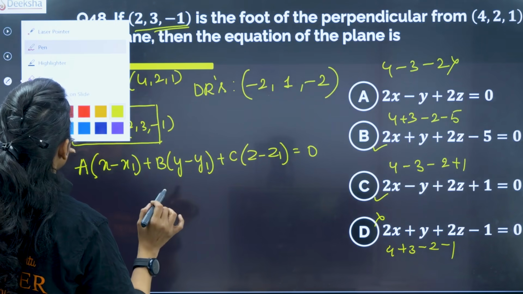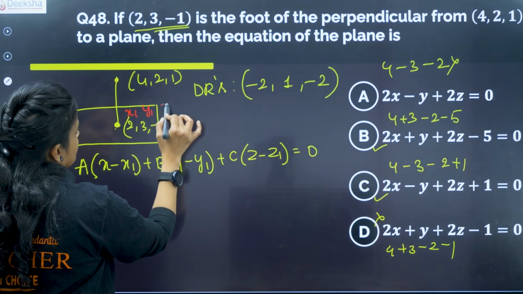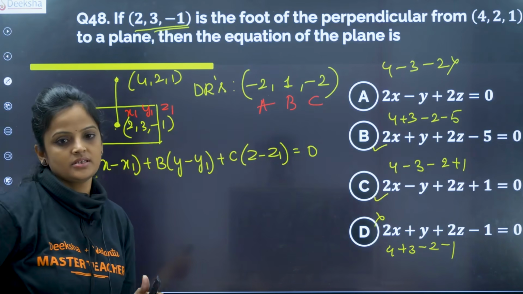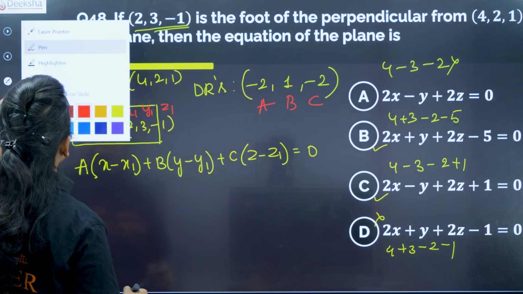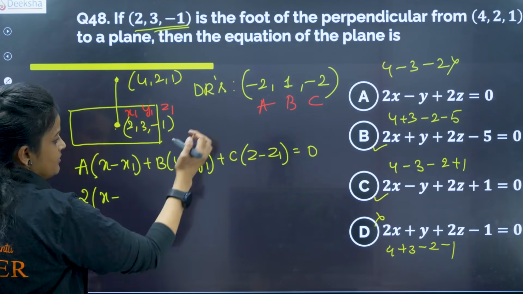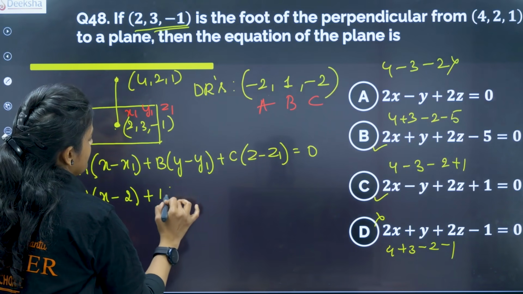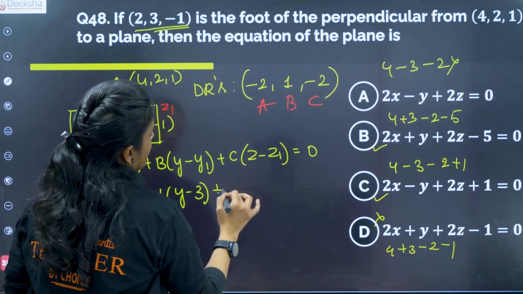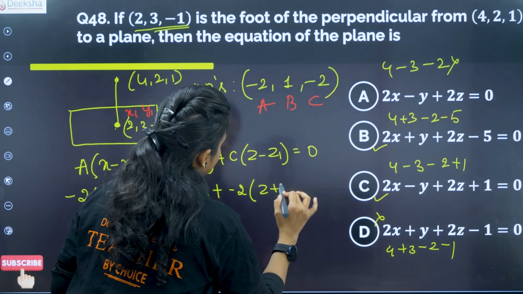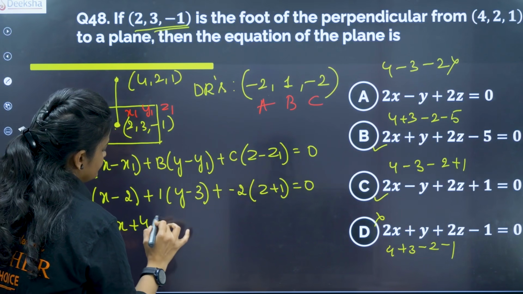Understand which one we are putting where. So these values are x1, y1, z1 and these values are capital A, capital B and capital C. Okay, substitute that. Minus 2 times x stays like that because we need the equation, and plus 1 times y minus 3, and the C value will be minus 2, we have z plus 1. That simple. If you solve this, you get the answer.